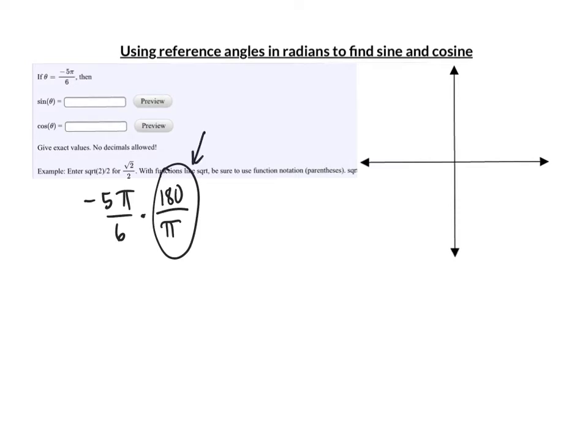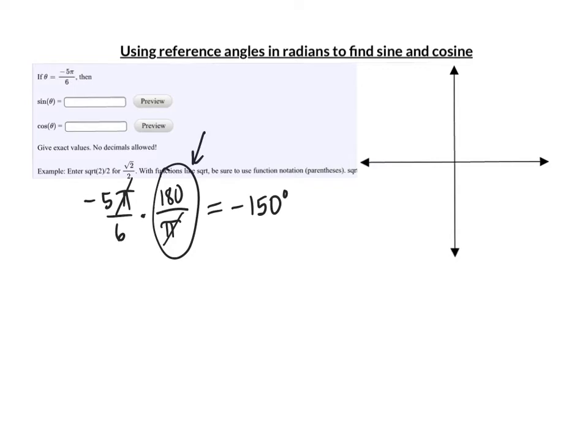Since those two are equal, 180 and pi radians, it's a funny version of 1. I'm multiplying negative 5 pi over 6 times 1, and when I simplify it, it will now be in degrees. So the pi's cancel, and 5 times 180 divided by 6 is 150, so this is negative 150 degrees.